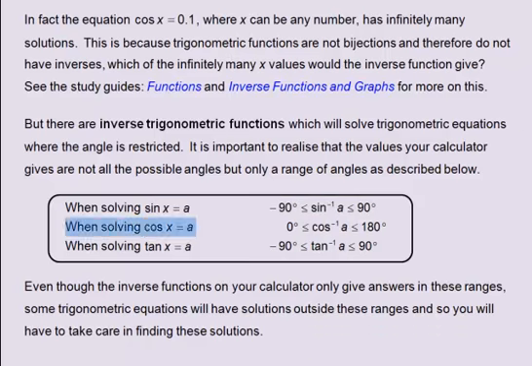When solving cos of x equals a, the inverse cosine of a is greater than or equal to 0 degrees, but less than or equal to 180 degrees. When solving tan of x equals a, the inverse tan of a is greater than or equal to minus 90 degrees, but less than or equal to 90 degrees.